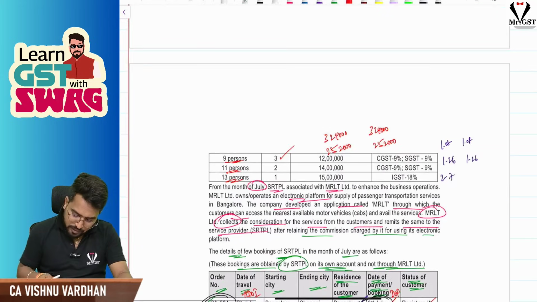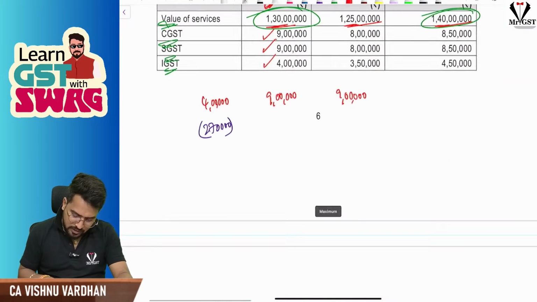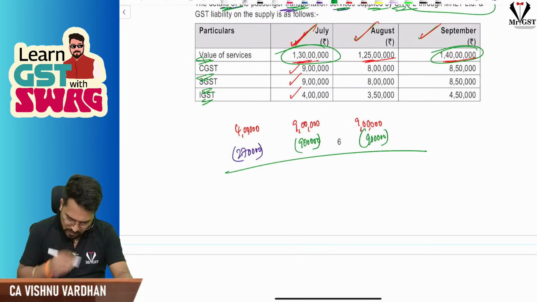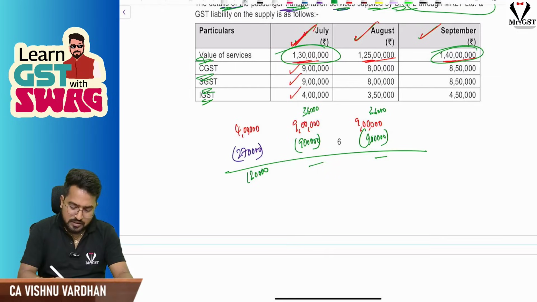Correct? So you have ITC of 9 lakh 36,000, but your liability is 9 lakh. You set off this 9 lakh and the liability becomes 0. But you still have 36,000 excess CGST and 36,000 excess SGST. You can use it for IGST.